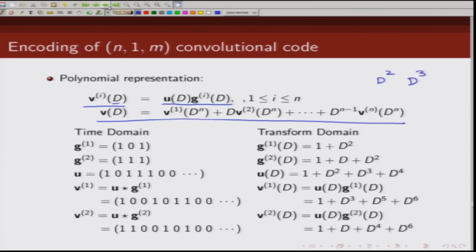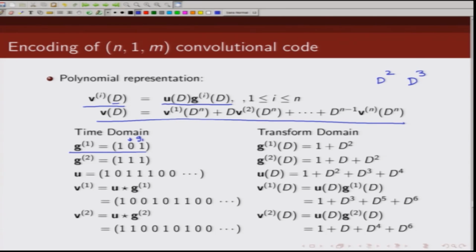Okay. So let us look at this. G1 is 1 0 1. Now, what does this 1 correspond to? 1 corresponds to this connection G0, which is linking my input U_L. So that would be U_L without any delay. So that would be 1. What was this? This corresponds to G1, that is input delayed by 1.